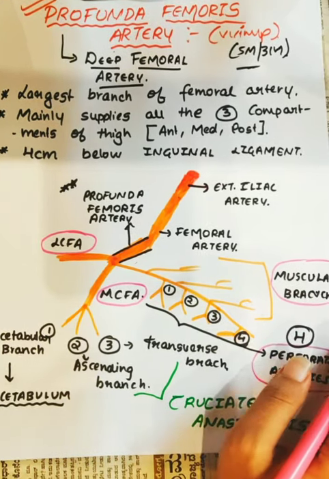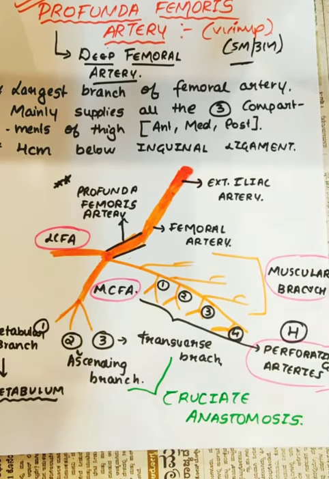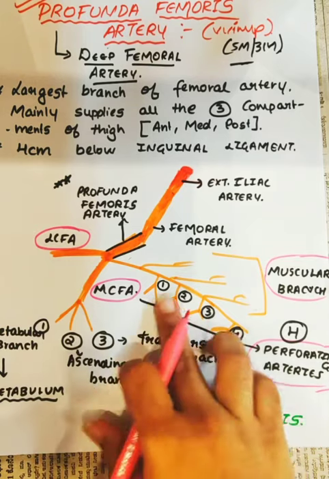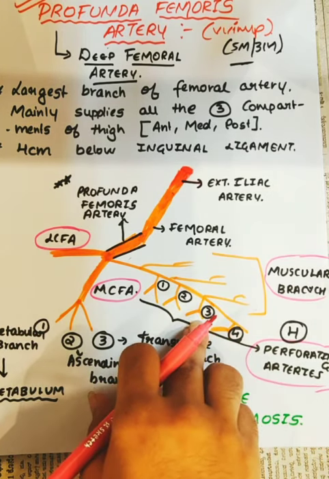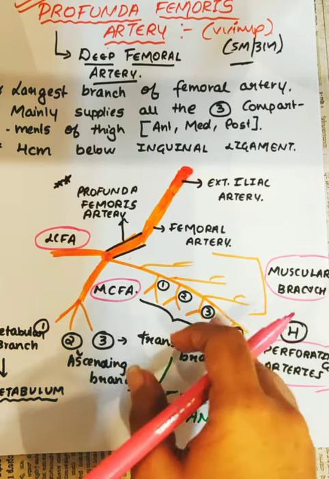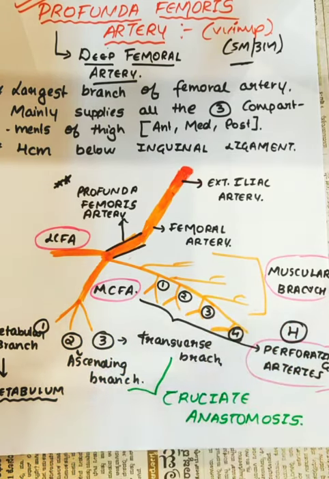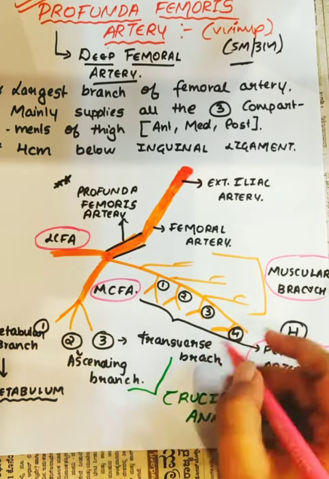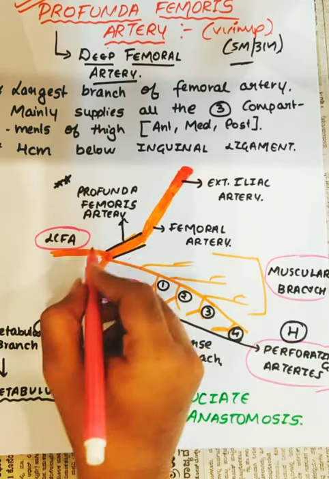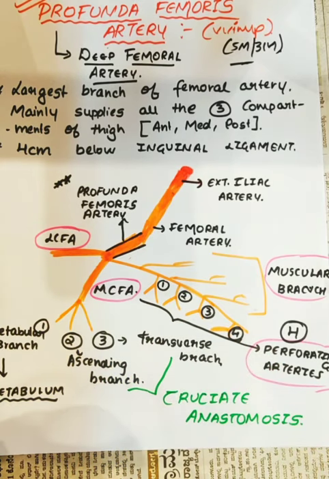The muscular branch mainly supplies all the muscles in this region, whereas the first, second and third perforating arteries mainly help in supplying some muscles, and the fourth perforating artery is the one which continues as the profunda femoris artery.